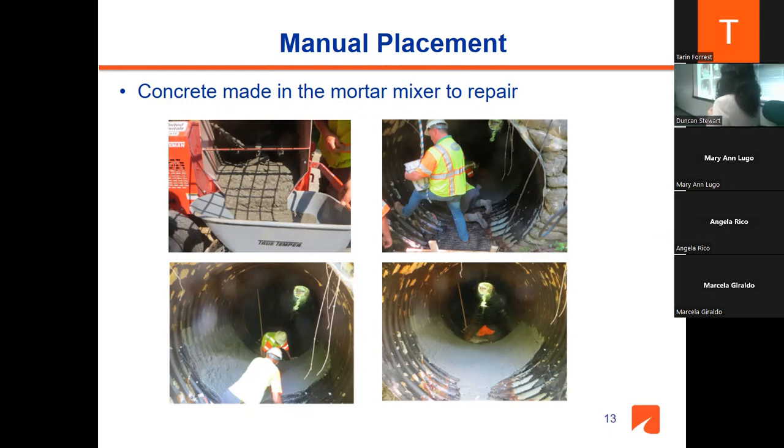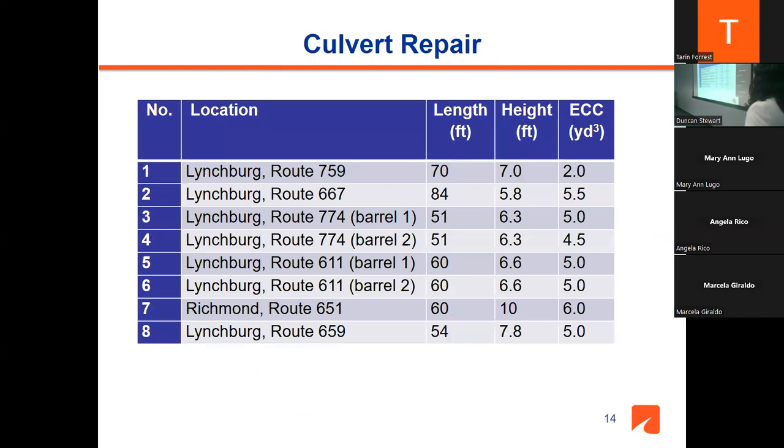We did the manual placement, and the concrete was made in the mortar mixer. We took concrete from the mixer with a bucket and placed it manually, and it was satisfactory work. And then we decided to try more repairs in the Lynchburg and Richmond districts, and we repaired all of these concrete culverts.